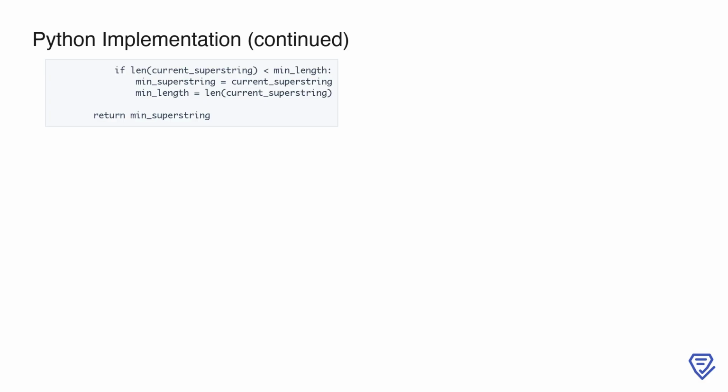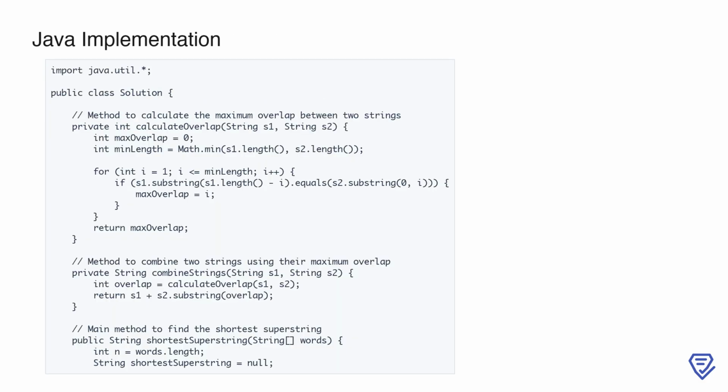Here, we start by importing the necessary libraries and defining the solution class. The first method, calculateOverlap, determines the maximum overlap between two strings by comparing suffixes of the first string with prefixes of the second string. We iterate over possible overlap lengths, updating the max overlap variable whenever a match is found.